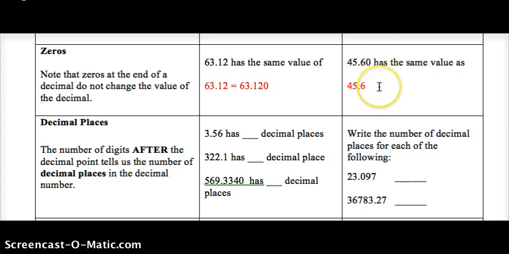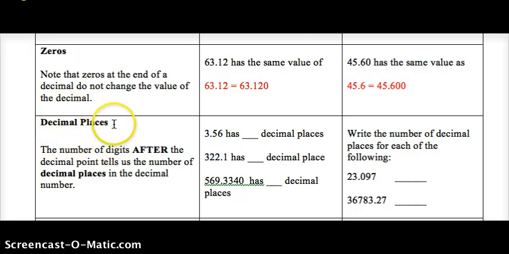Well, this number I've written here is exactly the same. 45 in the whole number part, there's my decimal point, 6 in the tenths column, and nothing in the hundredths column. Now that would be the same as something like this, 45.600. 45 is the whole number part, the decimal point, and 6 in the tenths column, and I've got nothing in the hundredths column and nothing in the thousandths column. So all these numbers here are exactly the same. Now, next section, decimal places.